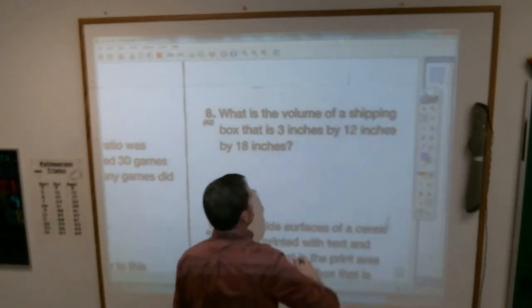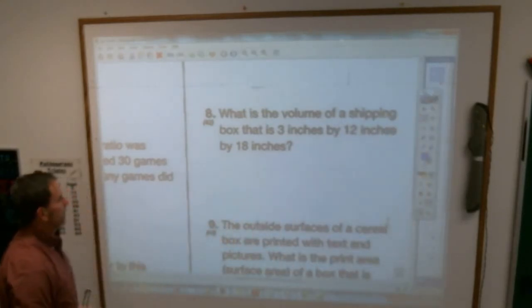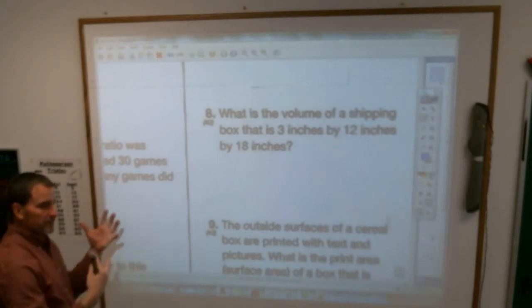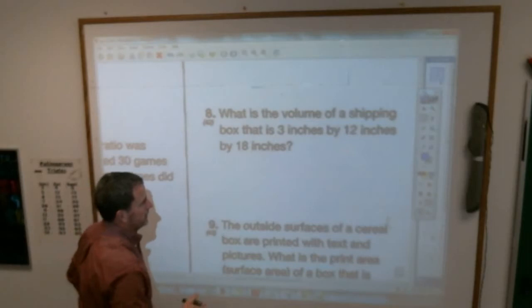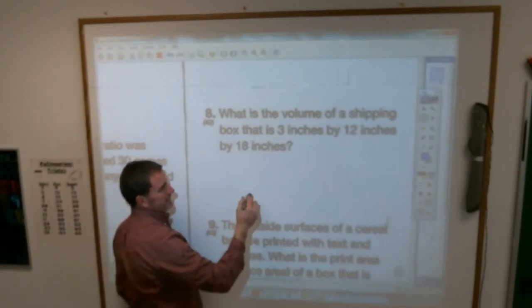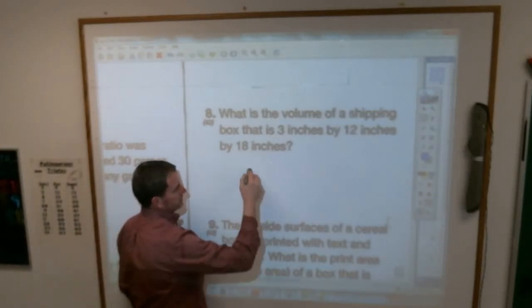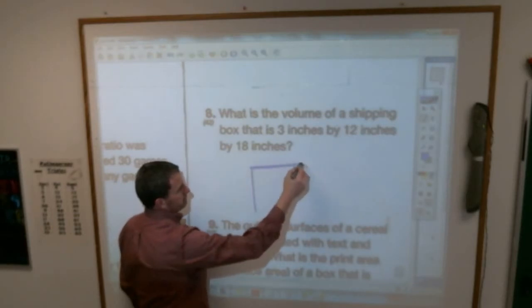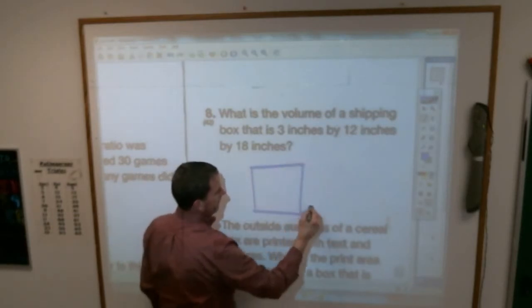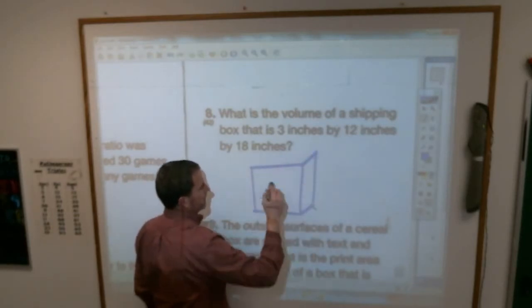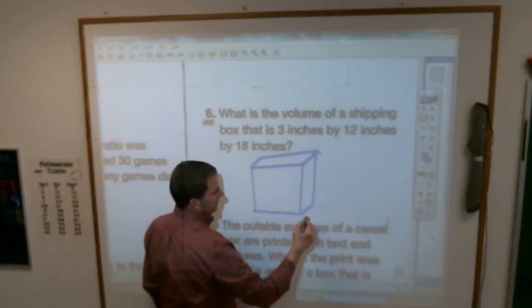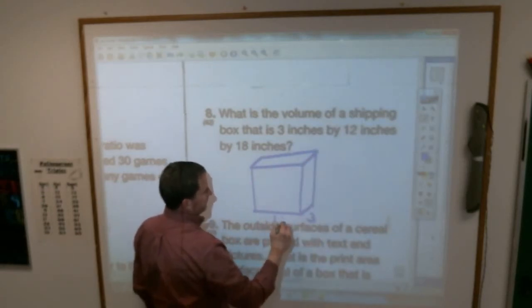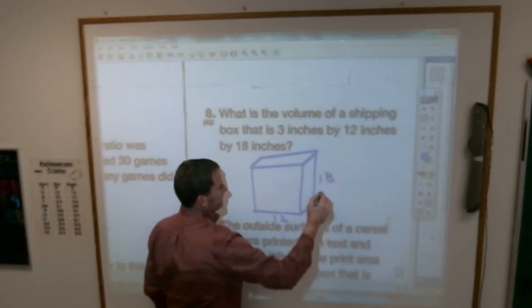Now, look at this one, it is the volume. Remember the other one was how much you could print around the outside. That was surface area. This is volume. It's 3 by 12 by 18. You can draw it any way you like. It still kind of looks like a cereal box. 3, it doesn't matter, by 12 by 18.